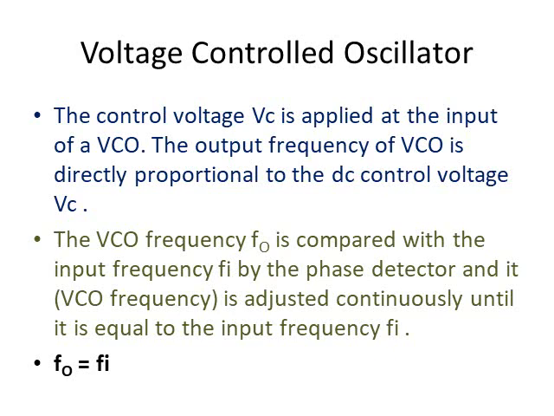The VCO frequency F0 is again compared with the input frequency by the phase detector and is adjusted continuously until it equals the input frequency. F0 should be equal to Fi.